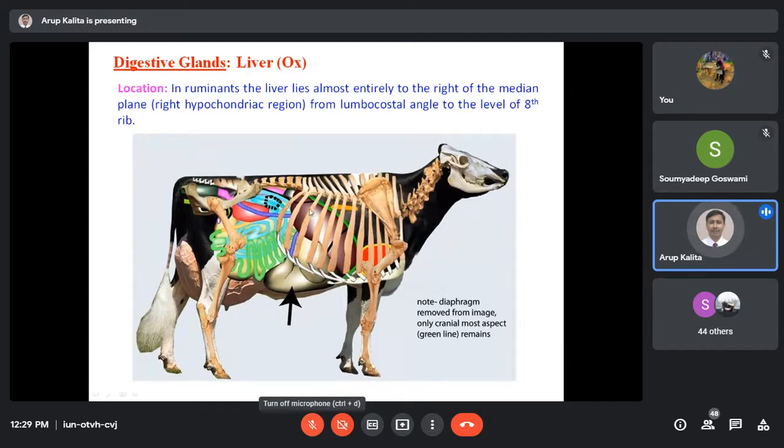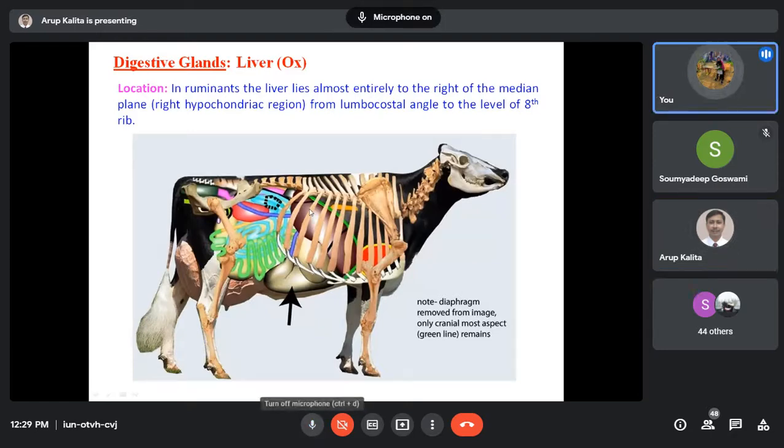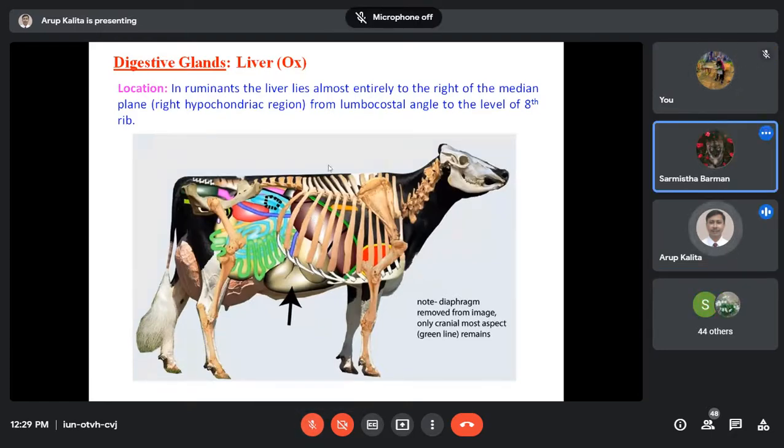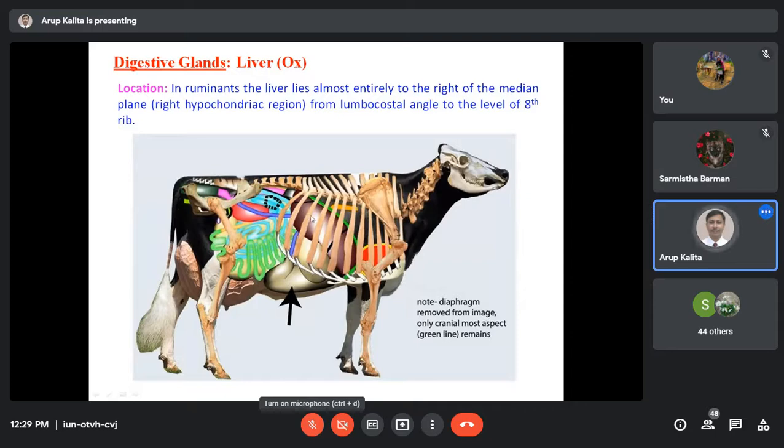Can you get my point? Yes, sir. So what are those structures which attach the liver so that it can remain in position? That is called the attachment of the liver. Getting the point? Or should I repeat?